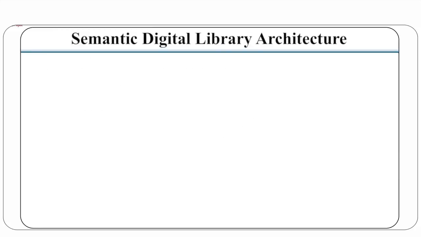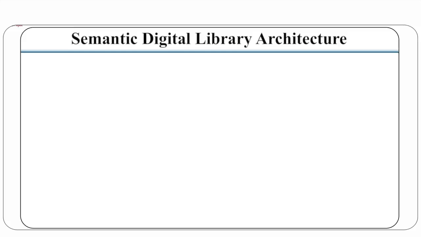Kruk has given a layered architecture for digital library management system, which is composed of 6 layers. The lower layers in the figure are more data oriented, and the upper layers provide the requirements of the end users and external services.